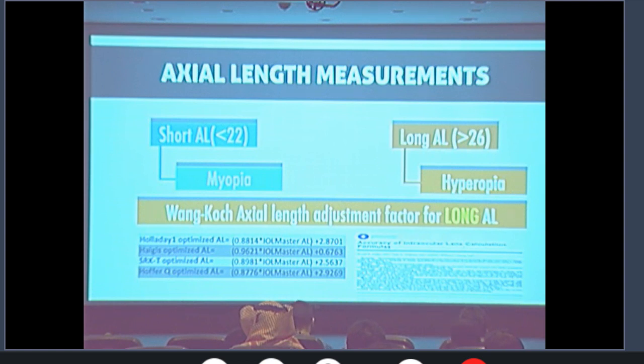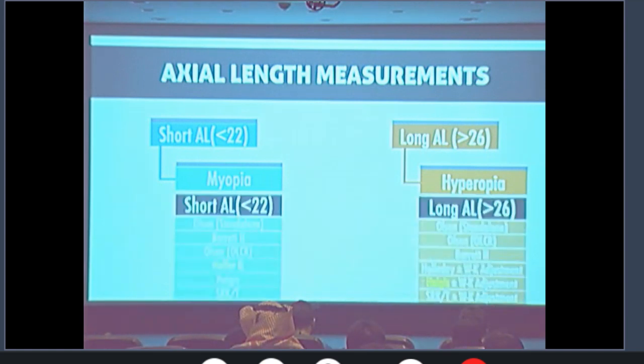So if you reduce the axial length, they will induce more myopia to overcome the hyperopia, the error. Okay. However, the new formulas like Olsen, Barrett can be used just to overcome this problem without adjusting the axial length. So if you have a short axial length, you can use Olsen and Barrett.